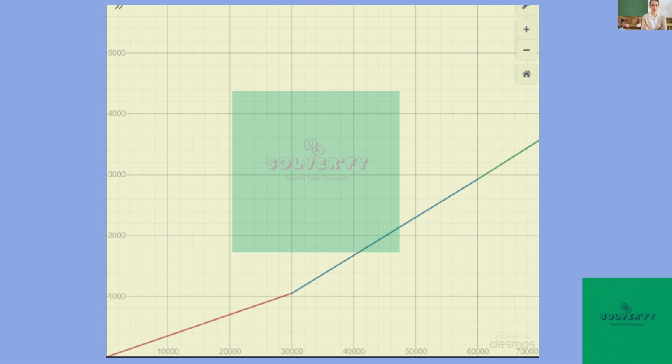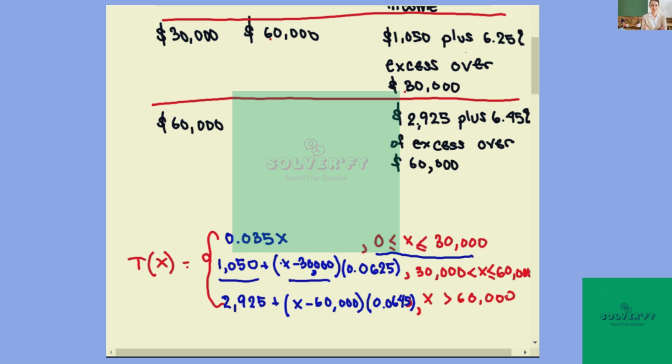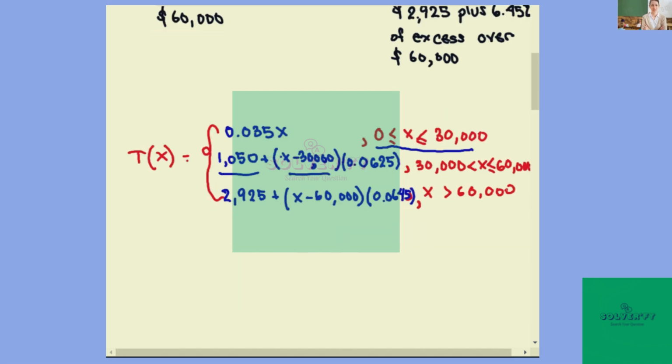Now we have another question. What if we have a couple whose combined taxable income is 40,000? How much tax would they pay? This is actually good because we have the graph, and we can check how much they would be paying at 40,000. To figure that out, all we have to do is substitute 40,000 into our tax function.